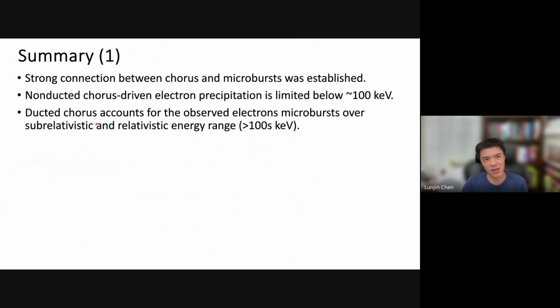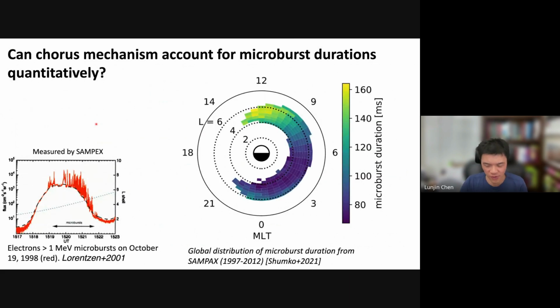The second part of my basic idea is, okay, for this individual case, I demonstrate the propagation mode matters. But the second question I will ask is, now we have the chorus wave observation, a very good chorus wave database from the Van Allen Probes data, and we have all those electron properties, and we also have SAMPEX microburst duration properties.